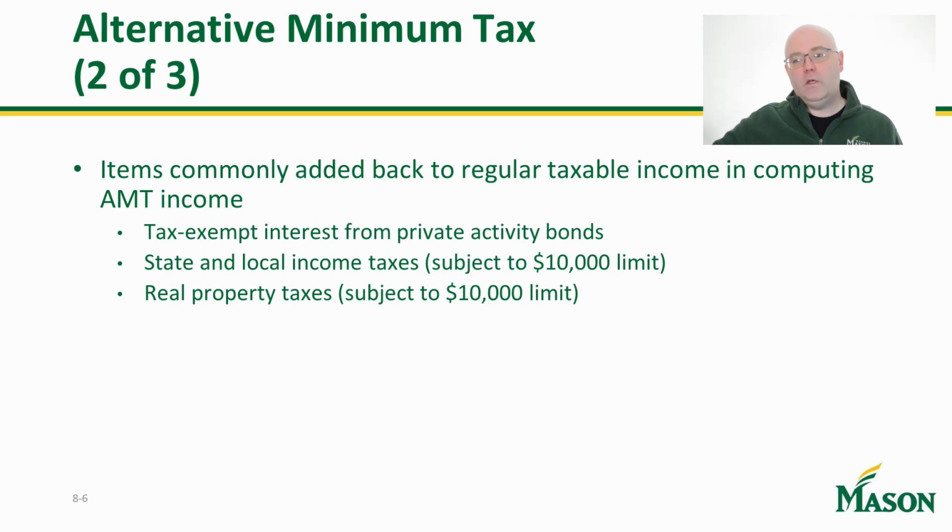I buy 10 bonds, and then I get an interest rate, and we'll say the coupon rate is 3%. So every year I'm going to be getting 30 times 10, which would be $300 as my interest. Now, of course, as we talked about in previous classes, that would be tax exempt income, under regular tax and under AMT. The reason is because the city borrowed in order to do a city service. That's kind of what that does.